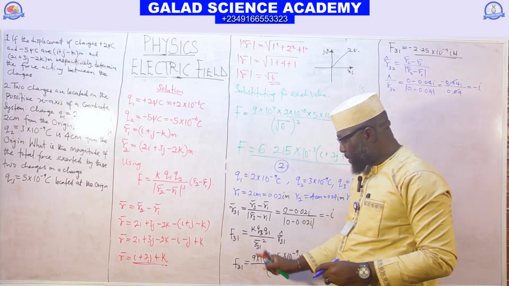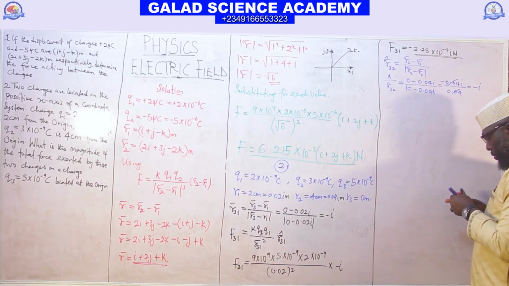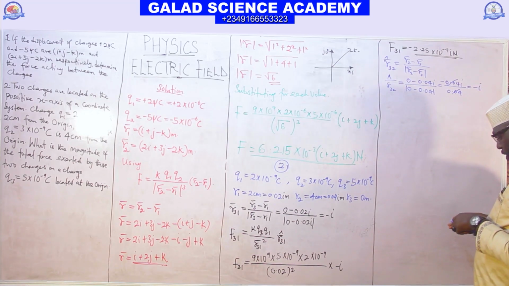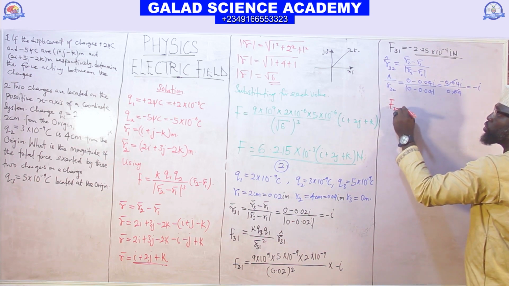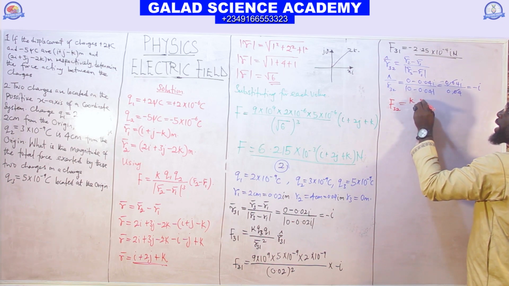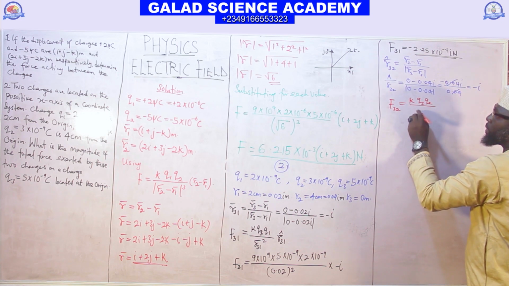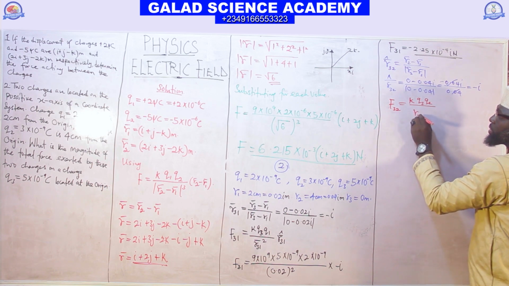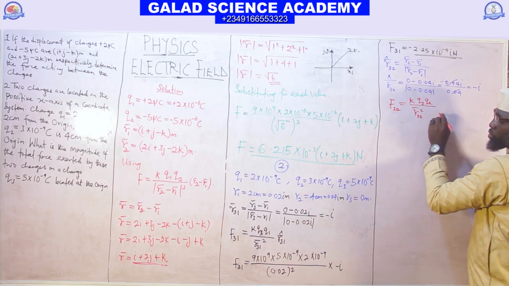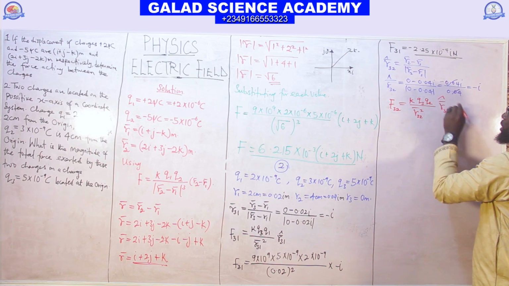So by doing that, the next thing is to find the force on the charge. F32 will be Q3 Q2 over R32 squared, multiplied by the R32 unit vector.